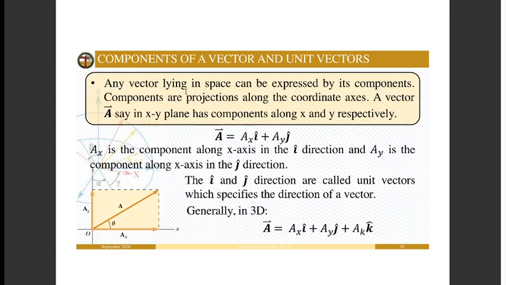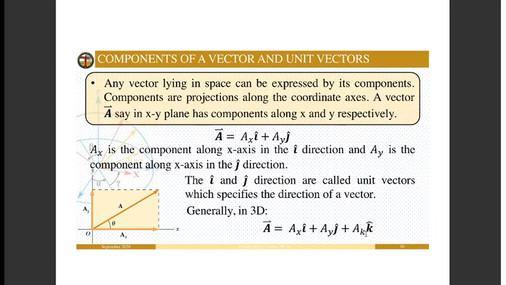Okay? So generally, of course, we are living in a three-dimensional world, so we can extend the expression for vector A other than x and y to z. So we have another term which represents the projection of your vector along the z axis, represented by the k hat direction, your z axis.